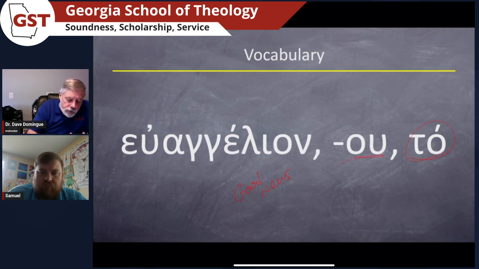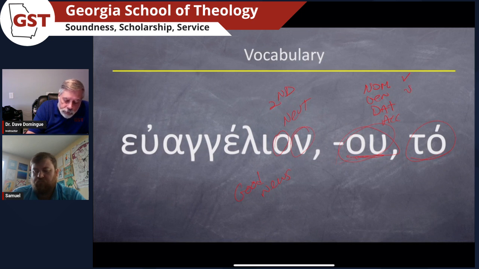So now that you sort of recognize, okay, this is a neuter second declension. There's my omicron, second declension. I can figure out the pattern. It helps me to figure out the pattern by giving me the genitive, right? So I can go my nominative, genitive, dative, and accusative. And if I know that pattern, then the nominative is going to be with the nu ending. The genitive is going to be with the upsilon ending.